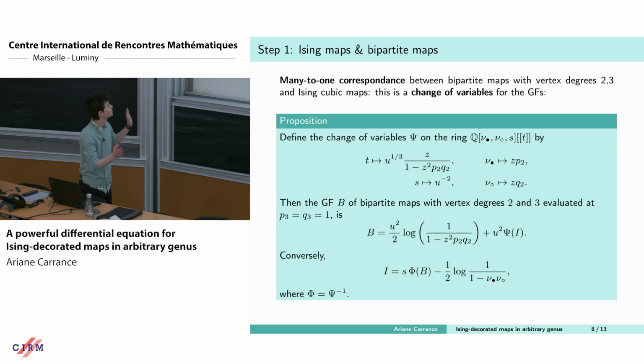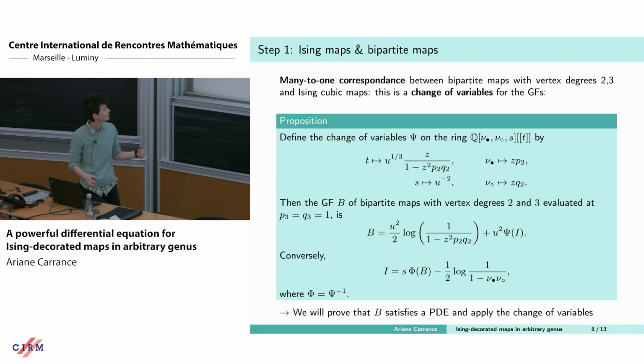I'm not going to dwell on its exact shape, but the important thing is that since we have this nice change of variables, if we prove that the generating function of bipartite maps with these vertex degree constraints satisfies the PDE, then we can apply a change of variables, and this will give us our PDE on I.